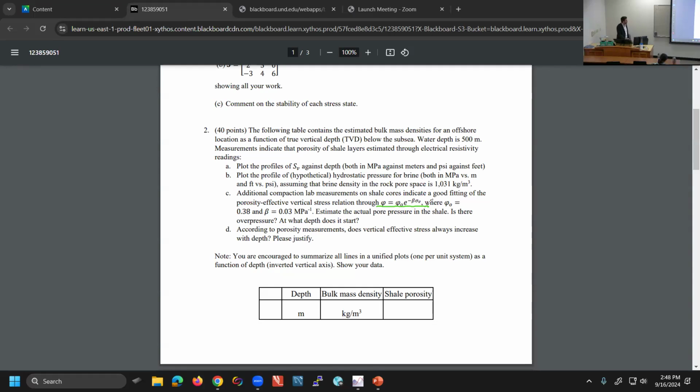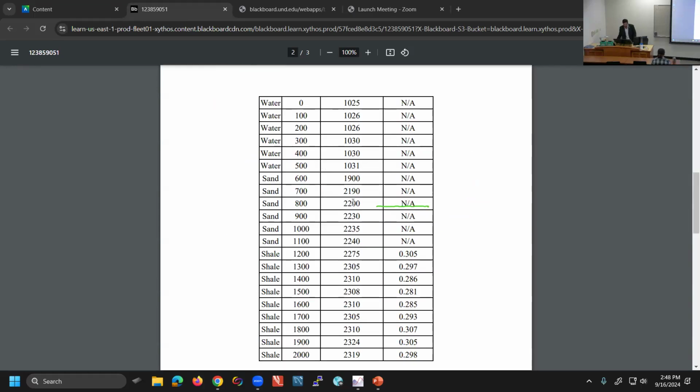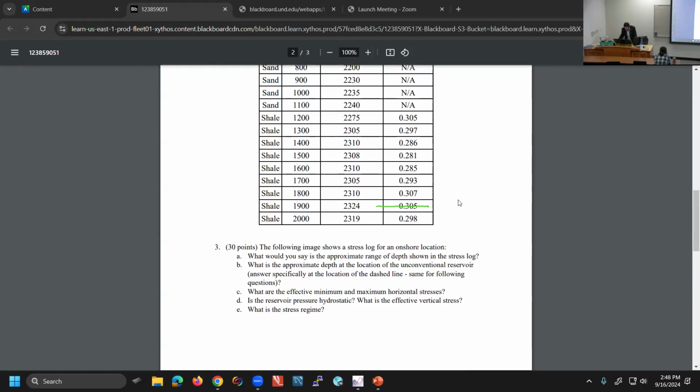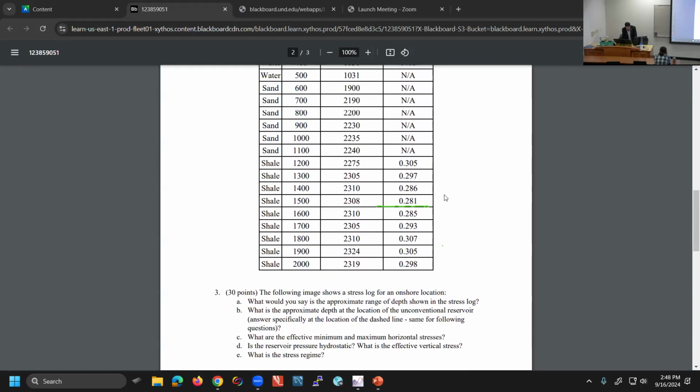Now, obviously, I told you, you can use it for the shale in this location here, from 1200 to something else. Let me get the pen. It's applicable from here all the way down, the shale.